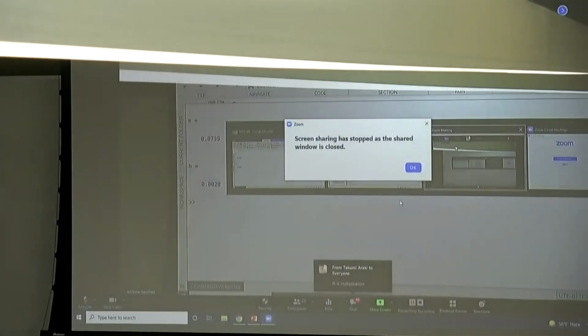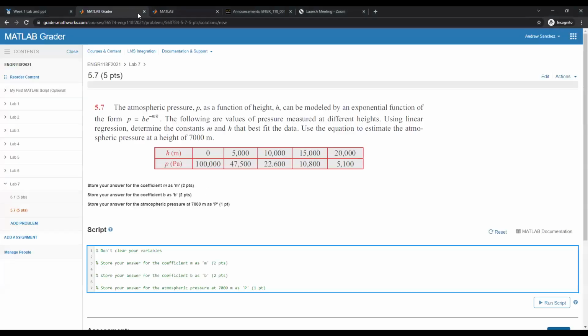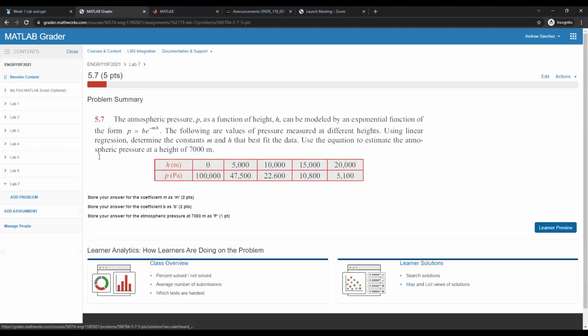Again, I try to be nice with the labs. So the fact that there's so much red makes me think that there's a typo somewhere. So I'll check that.